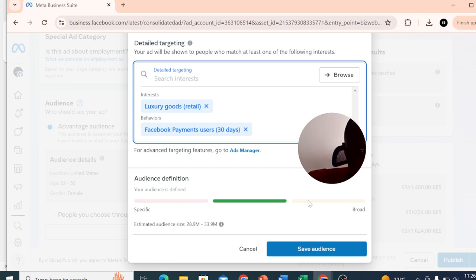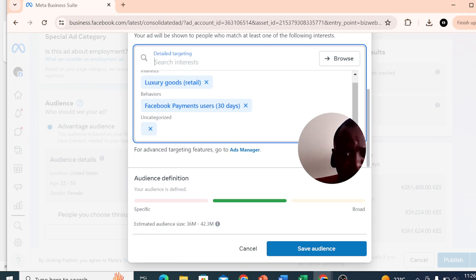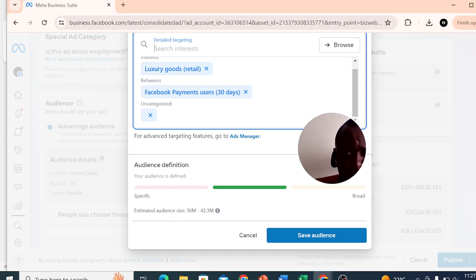So such people, we call them engaged shoppers. You can see here, when you click on engaged shoppers, it will bring your audience estimated size to 36 million and 42.3 million.